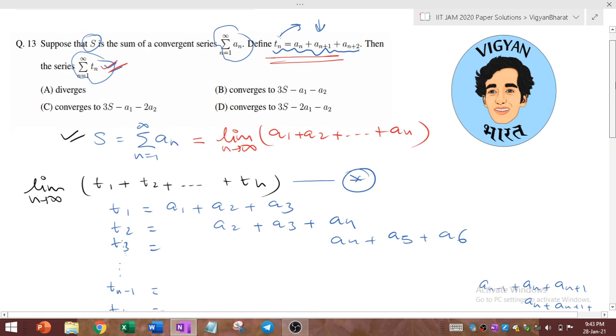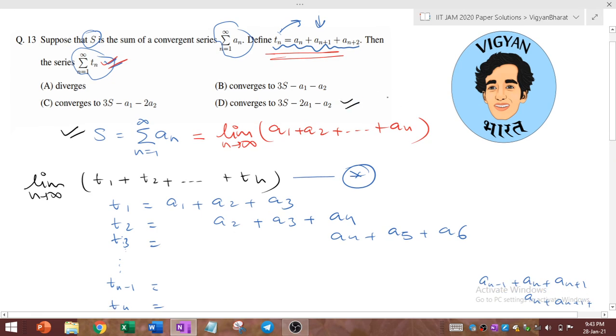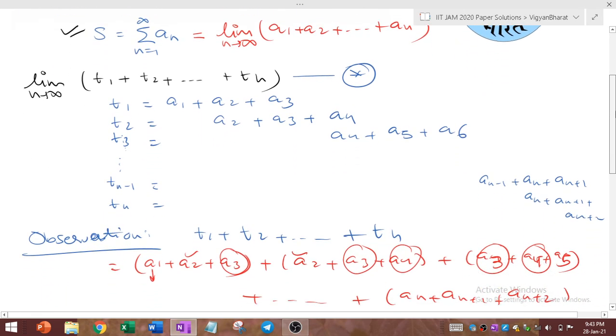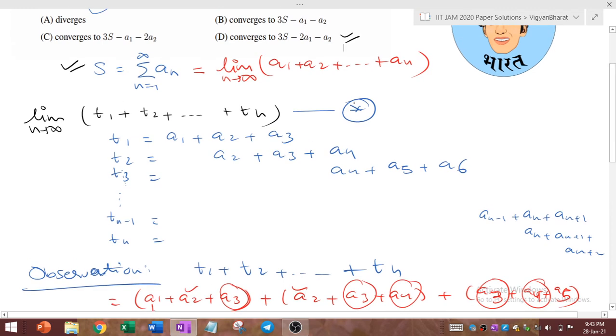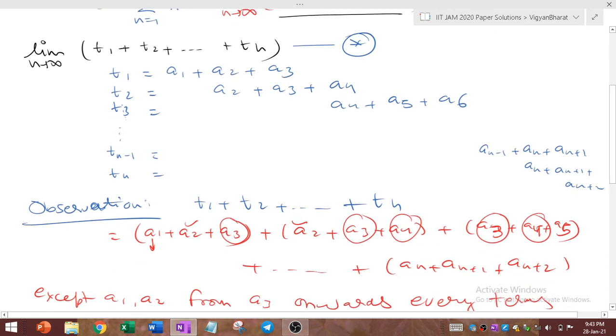So from here we conclude that option D is correct. Let's take a quick review of what we did. First, we defined the sum of this given series in terms of the limit of the sequence of partial sums. Now we have to calculate this sum. Basically this star is the same as the summation of Tn.